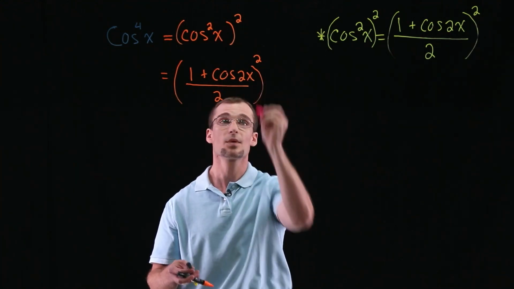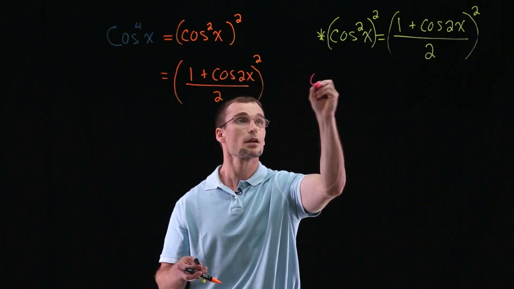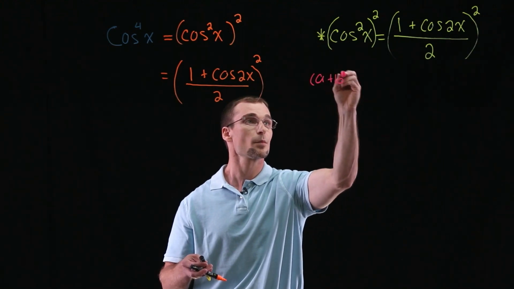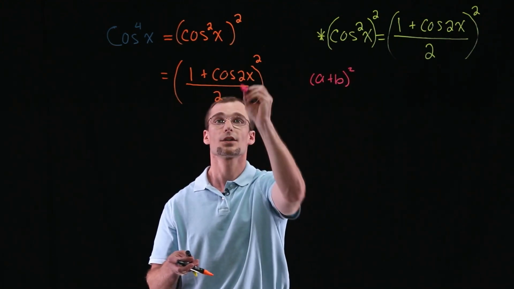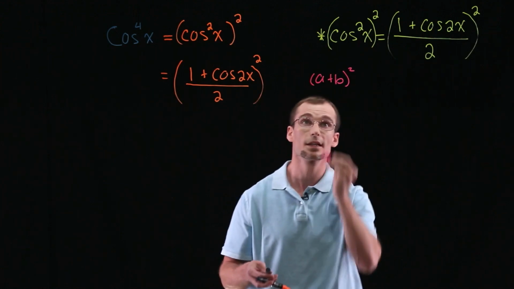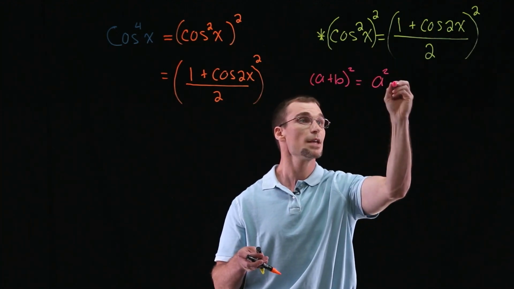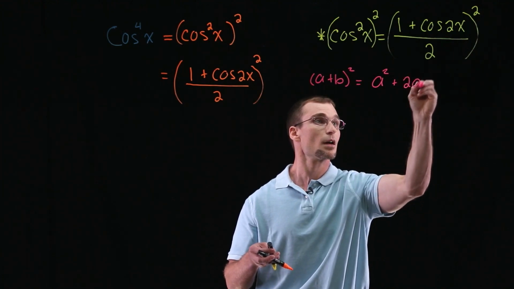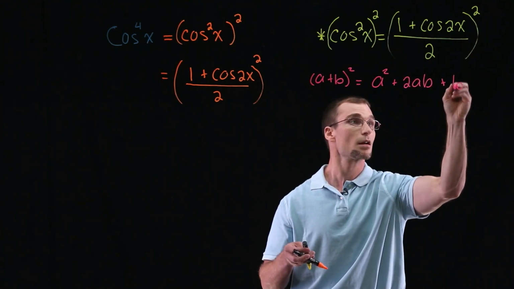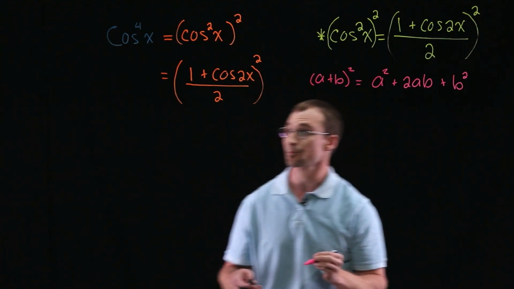And so we're going to square out top and bottom. And noting a little formula from algebra that we're going to use, we have 1 plus cosine 2x quantity squared. That's the same as a plus b squared, which is equal to a squared plus 2ab plus b squared.